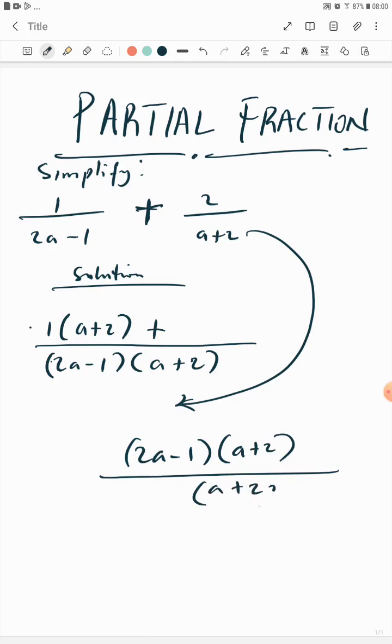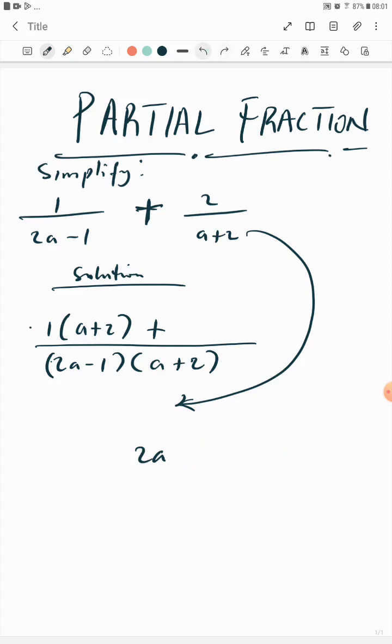So this will cancel this. What will remain will be this, and then we multiply it by 2. That's the way you should see it. And then we now have plus 2 brackets 2a minus 1.